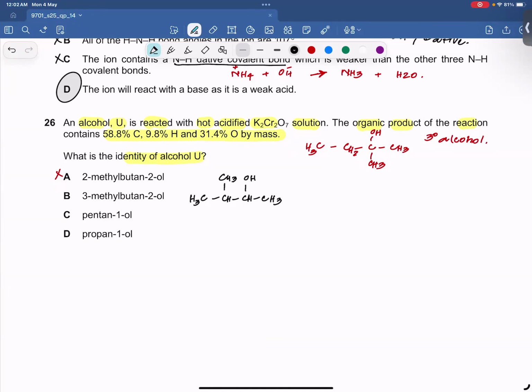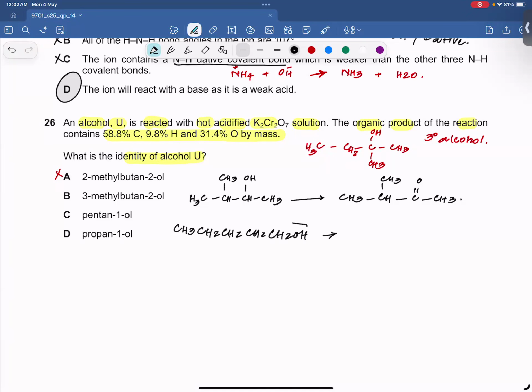So when a secondary alcohol is oxidized with potassium dichromate, it will turn into a ketone. Okay. Let's talk about pentan-1-ol. Pentan-1-ol is simple: CH3, CH2, CH2, CH2, and this one is CH2OH.